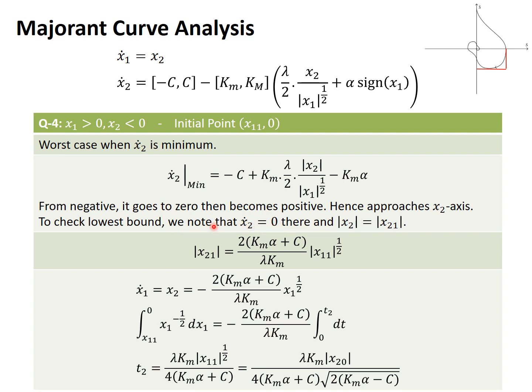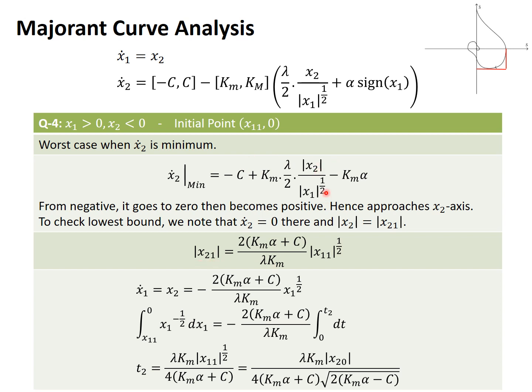At this point we suppose that x2 is x2 1. So now we just put x2 dot as 0 here and figure out what x2 1 is.